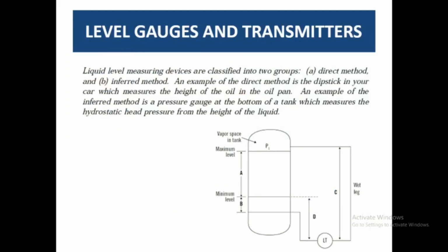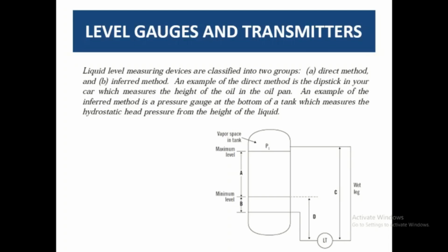So for level gauges and transmitters, I believe I have explained the introductory part a lot, but if I broadly classify them, there are two methods. One is the direct method and the second one is the inferred method.